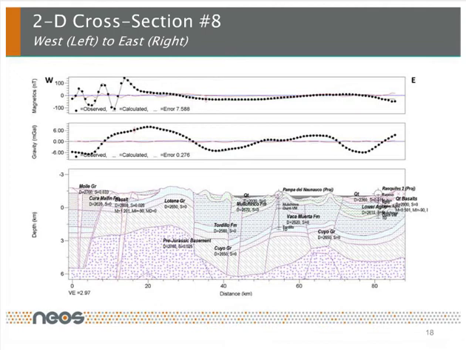So we see that there is a good comparison between the observed and the calculated magnetic data. The gravity data is shown in the second overplot, and again we see that the observed gravity data, or the black dots, overlay the gray line, or the densities calculated from the cross-section.